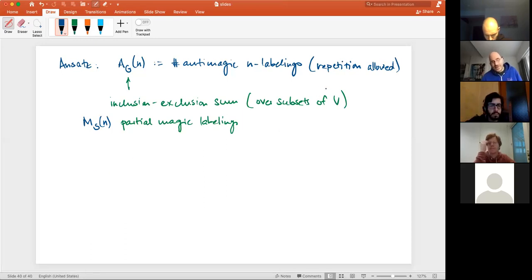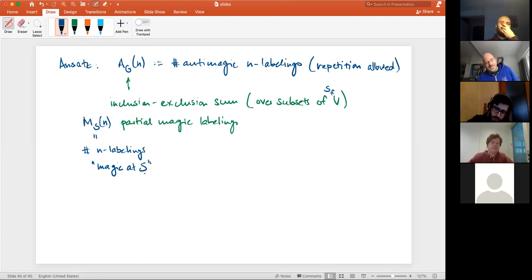So let me take a subset of my vertices, and this says to count the number of n-labelings that are magic at S. That means that if you look at the nodes at S, you want your sums of edge labels around those nodes to be the same.